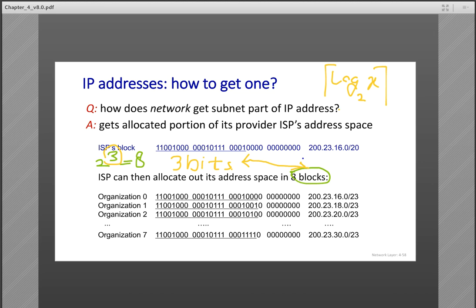What does it mean? For example, let me show you. In the primary address, the net part or subnet part consists of 20 bits. And now I need 3 more bits to define one of those 8 blocks.